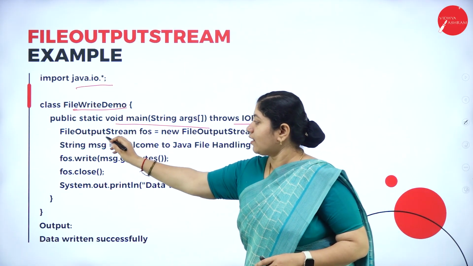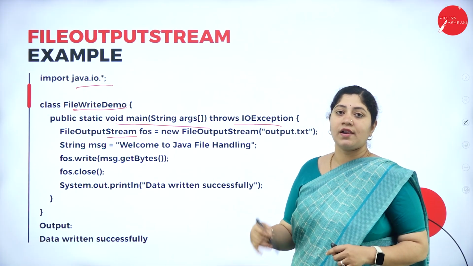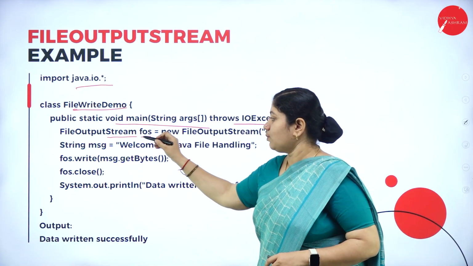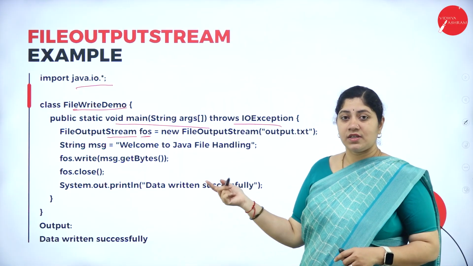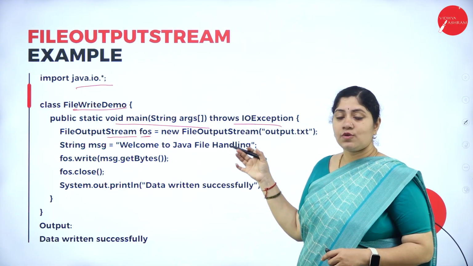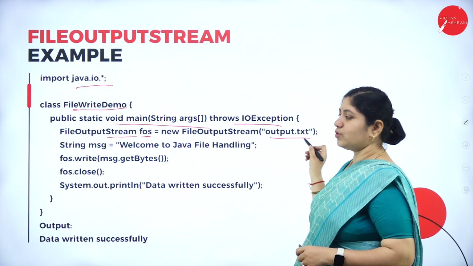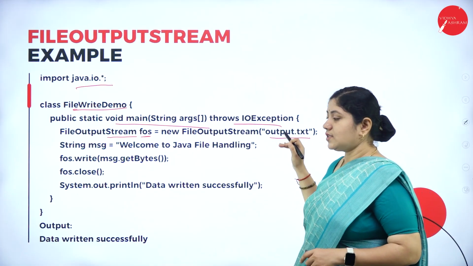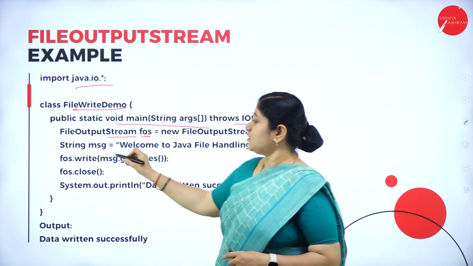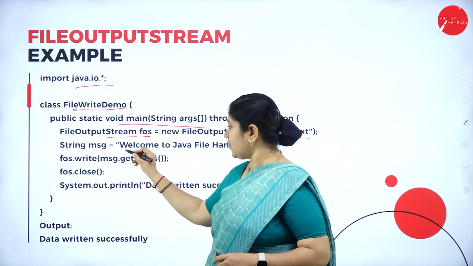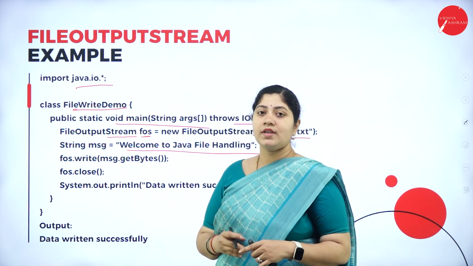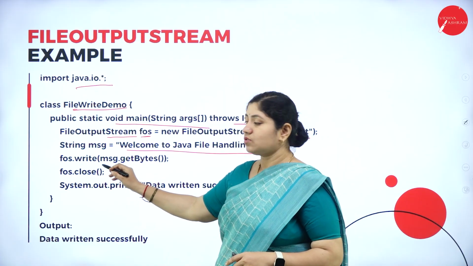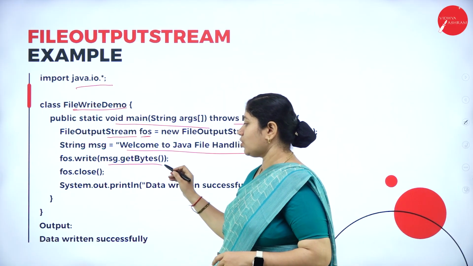Followed by that, we write a constructor, FileOutputStream. The initial name of the file will be fos, followed by a new file created to write into the destination, none other than output.txt. So this is constructed, followed by the string message we include, like "Welcome to Java file handling". Further, we write the method fos.write(message.getBytes()).